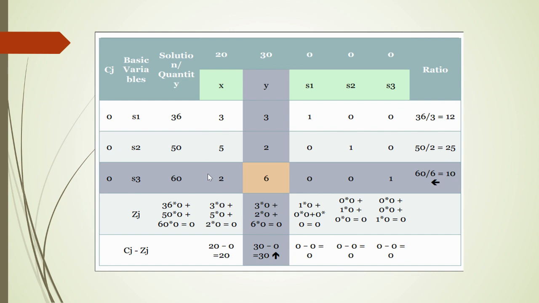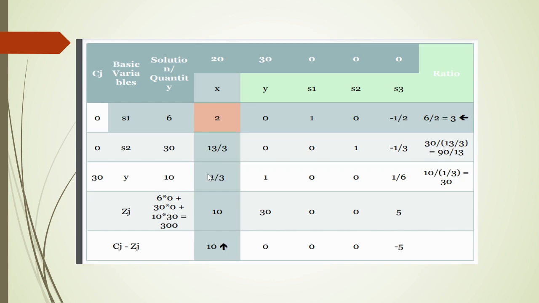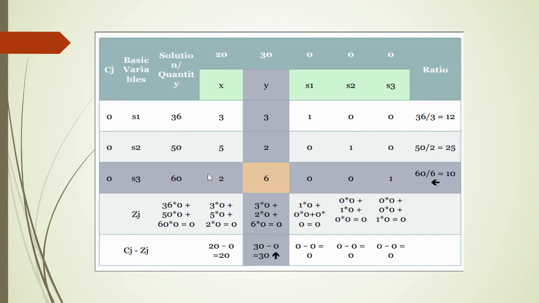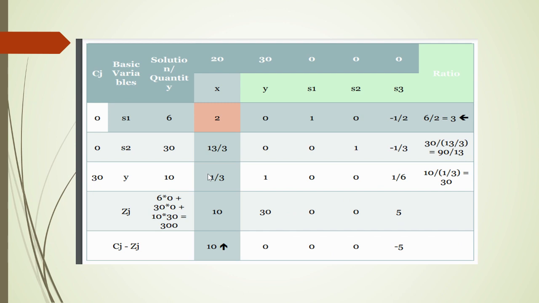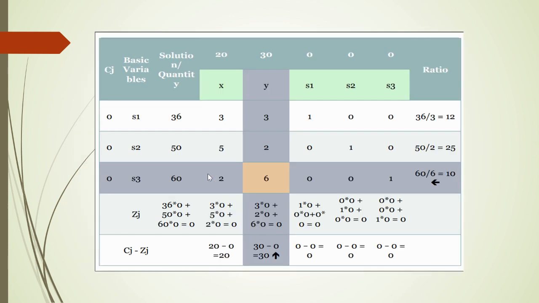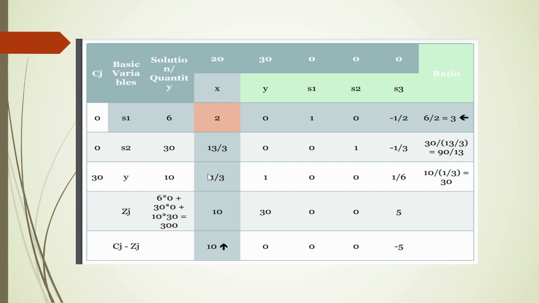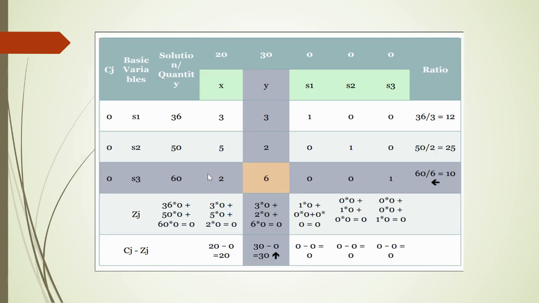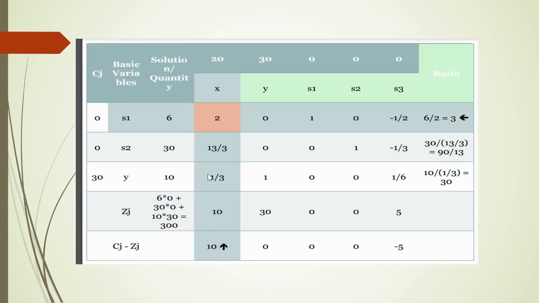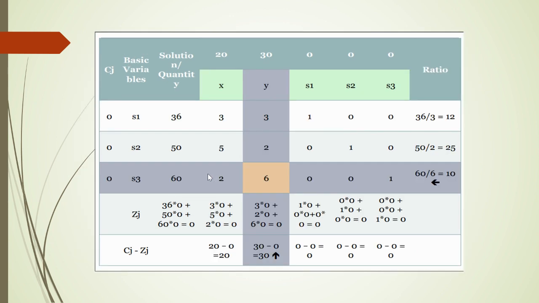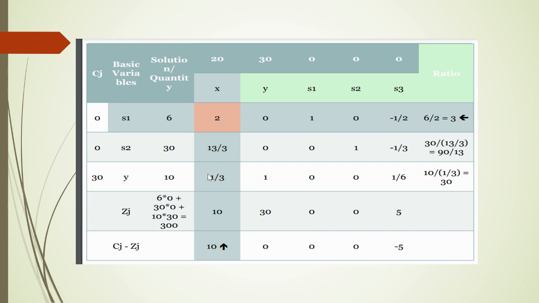And 3 minus 1 gives 2, because 1 by 3 multiplied by 3 is 1.